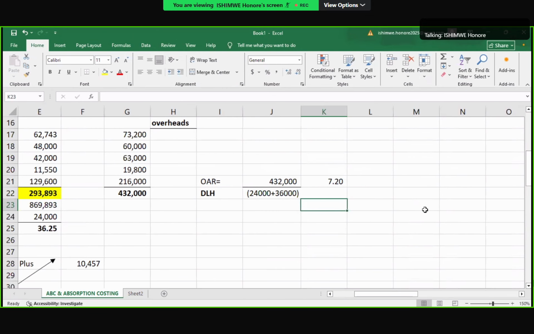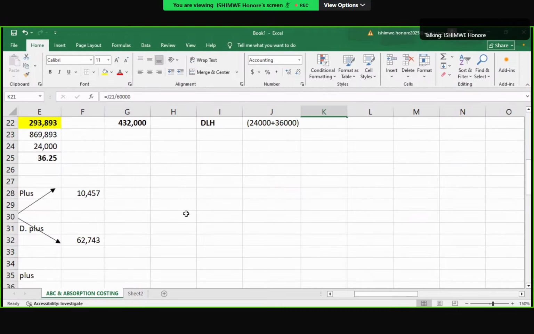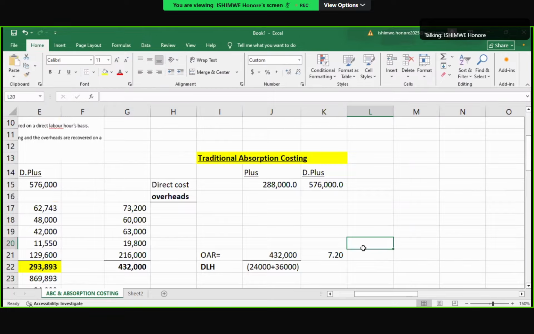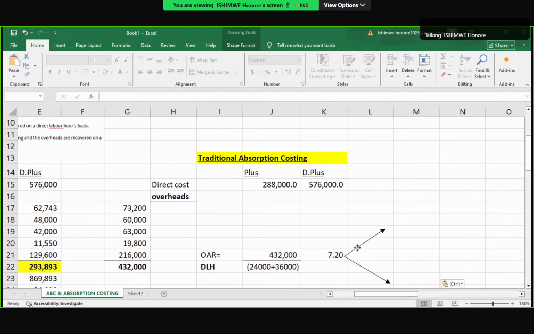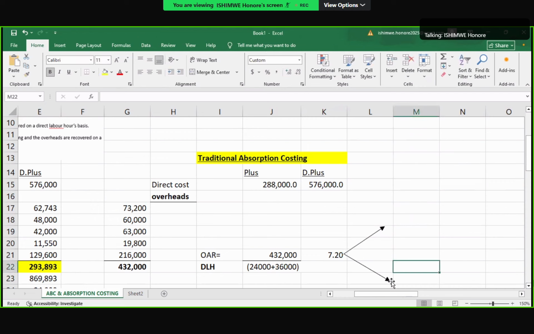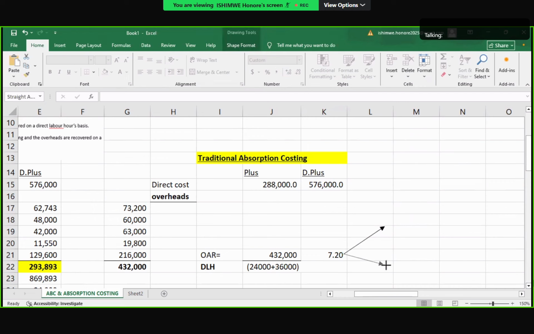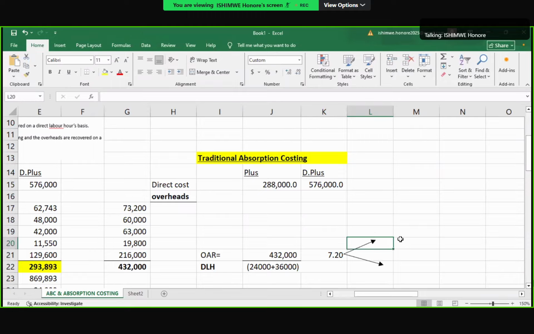So now I'm going to do the allocation of this overhead. The overhead absorption rate is this; it means per hour. So I'm going to apportion it to plus and double plus. Allocation here for plus, and this is double plus.